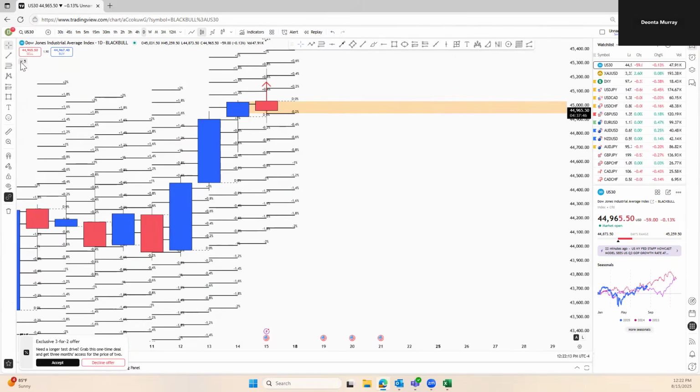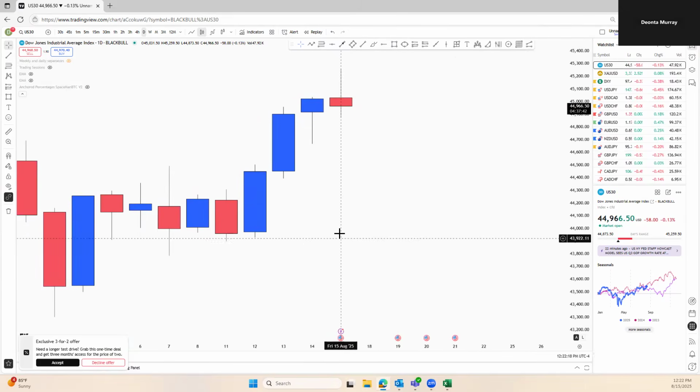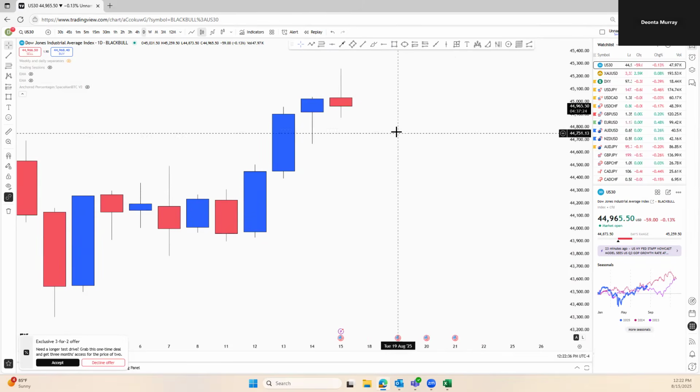Let me turn this indicator off real quick because I want you guys to really see this. On every daily candle, you get a wick both ways, right? One to the upside, one to the downside. This one is one of the only strange ones that shows you the bullish move was strong, that we really didn't get a wick to the upside, but every other candle has a wick to both sides.